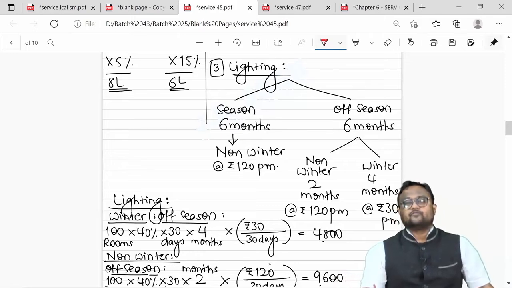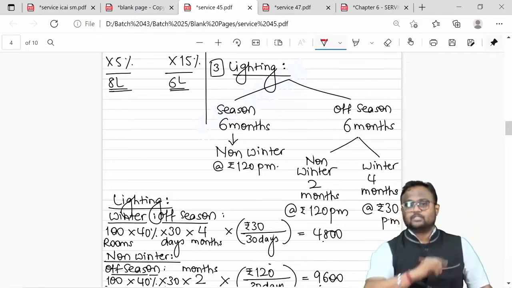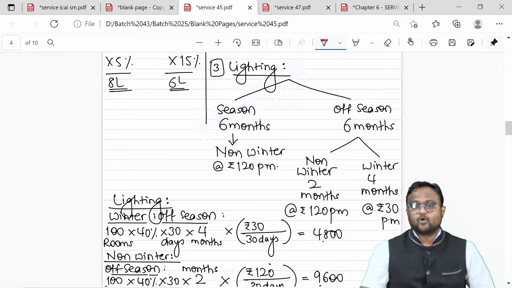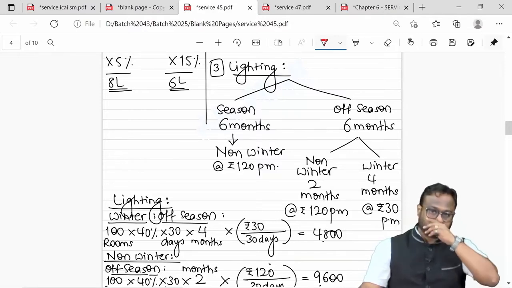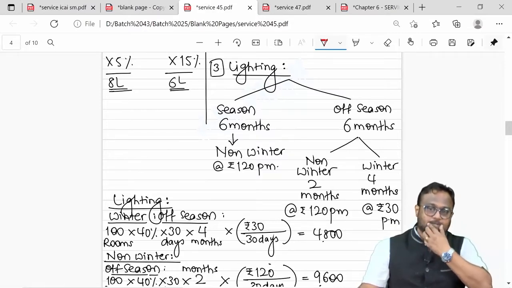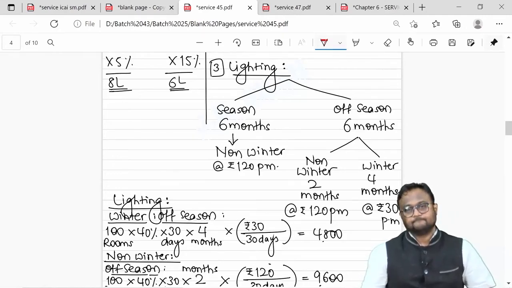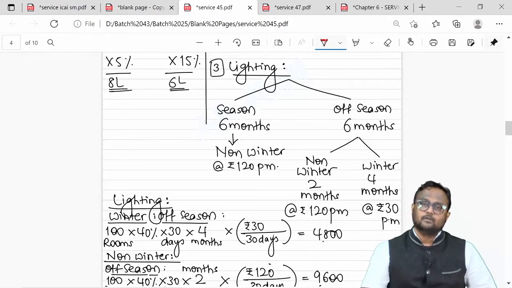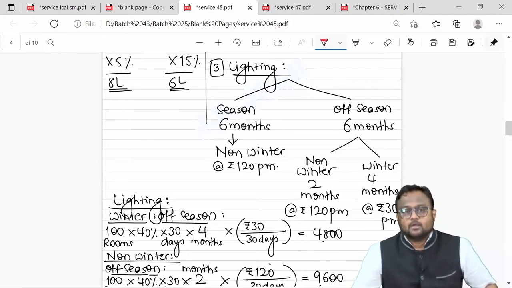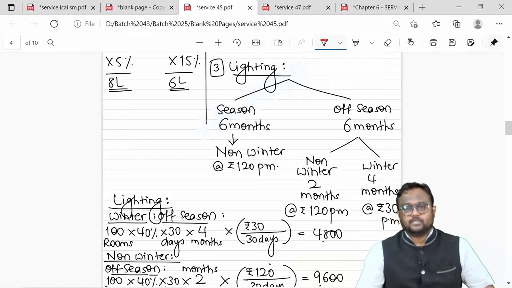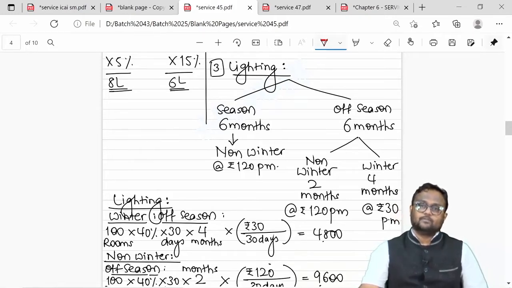So out of 6 off-season months, 4 months were winter. Correct? That means the balance 2 months were non-winter. But why are you separating it? Occupancy of season and off season is different, so I cannot simply take the balancing figure as 8 months.